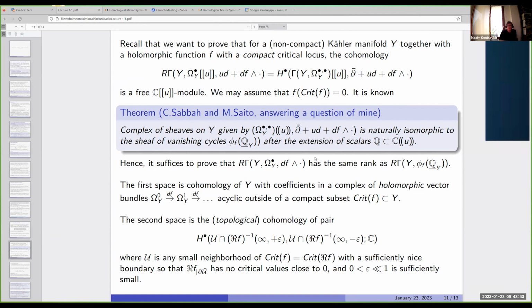If you consider the complex of sheaves on a manifold, you don't really need compactness of the locus, the complex of sheaves of forms with coefficients in Laurent series, not Taylor series, and again consider the same differential. Then the complex of sheaves is naturally isomorphic to the sheaf of vanishing cycles, which is supported on the critical locus, after the extension of scalars from rational numbers to Laurent series.